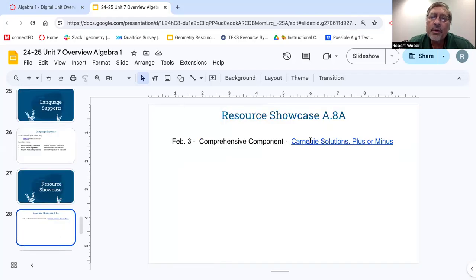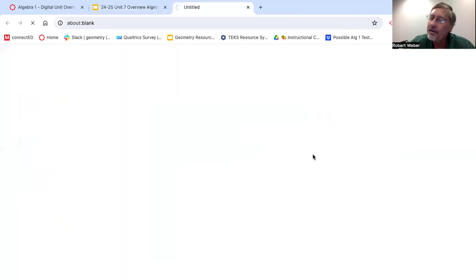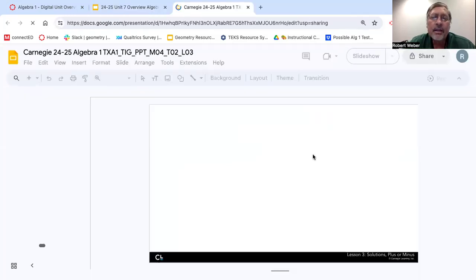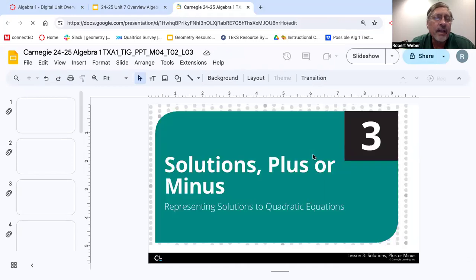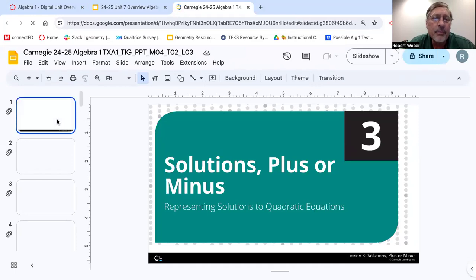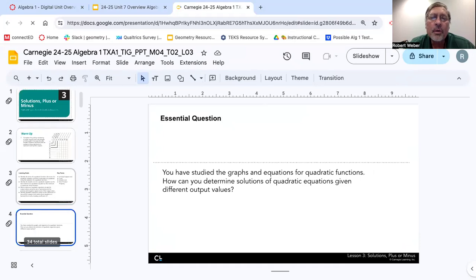Resources that I chose Carnegie again. You might say I'm getting kind of stuck on Carnegie. I have a tendency to do that. I like Desmos and then I'll get on Carnegie. But I like the Carnegie because it's a complete package as far as the slide deck. If you look at this, it talks about solution plus or minus, representing solutions to quadratic equations. It will give you an introductory activity. It will lay the foundation as far as what we're learning.